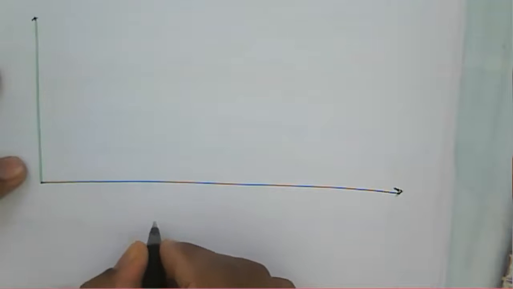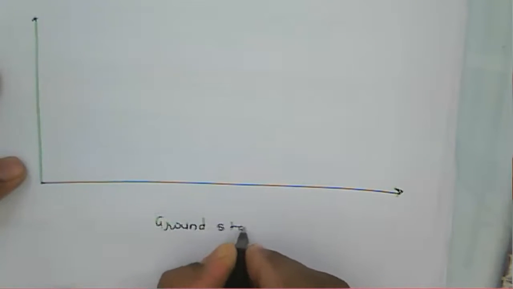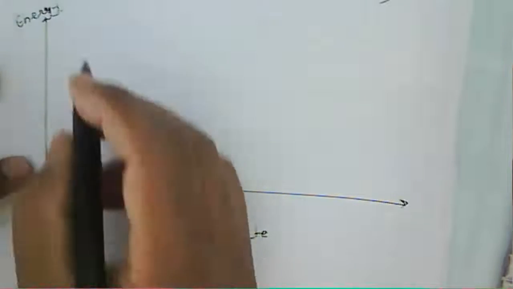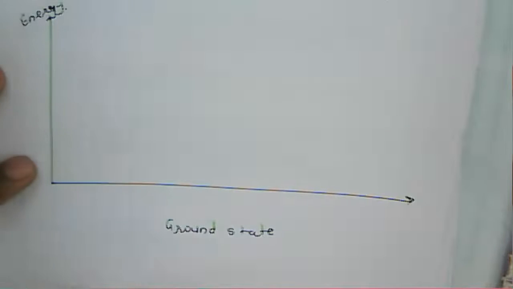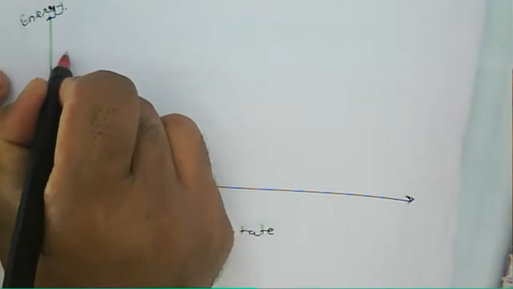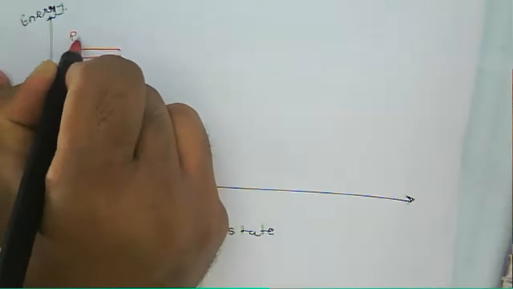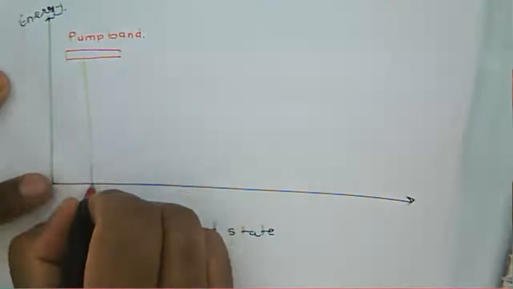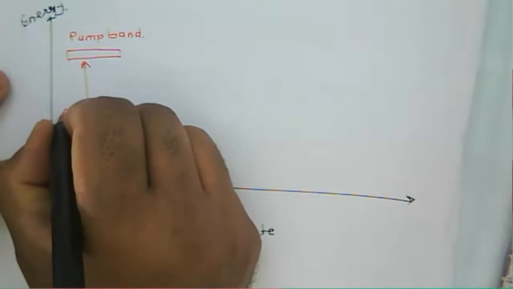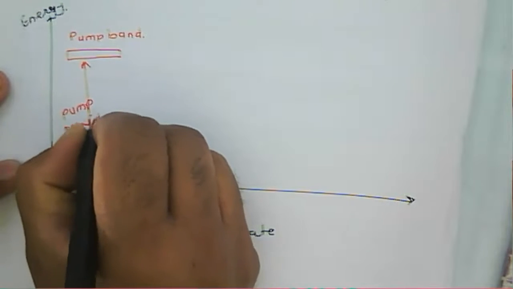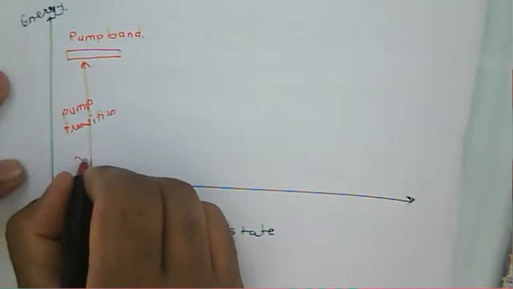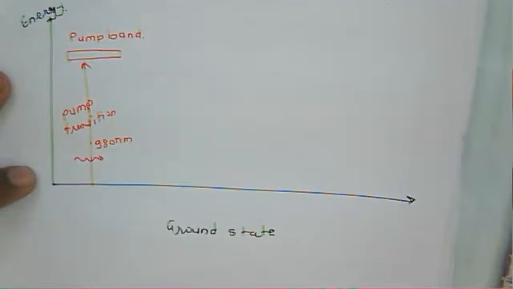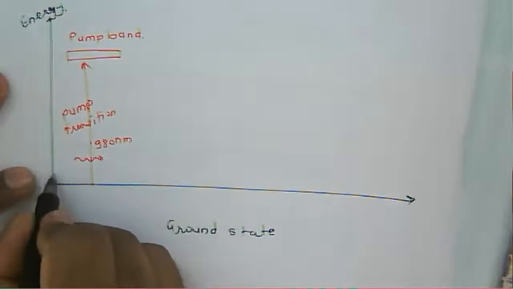Here we have a ground state, an energy axis, and a pump transition, or pump band. Specifically, the pump transition takes place at a 980 nanometer wavelength, and this one is your ground state.